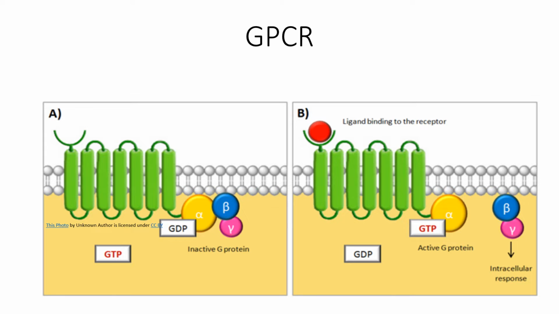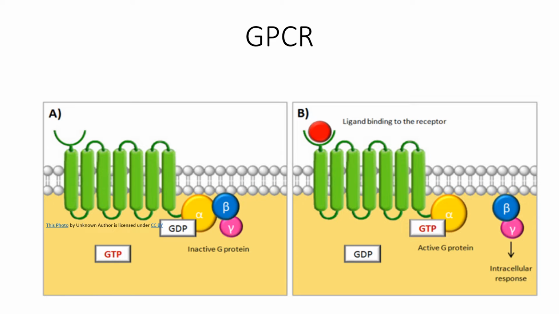Here 7 transmembrane domains are present, and 3 subunits are also linked: one is alpha, another is beta, and another is gamma. It is present in heterotrimeric form, bound with each other with the presence of GDP in inactive state. And here no ligand is present, so it is not activated.